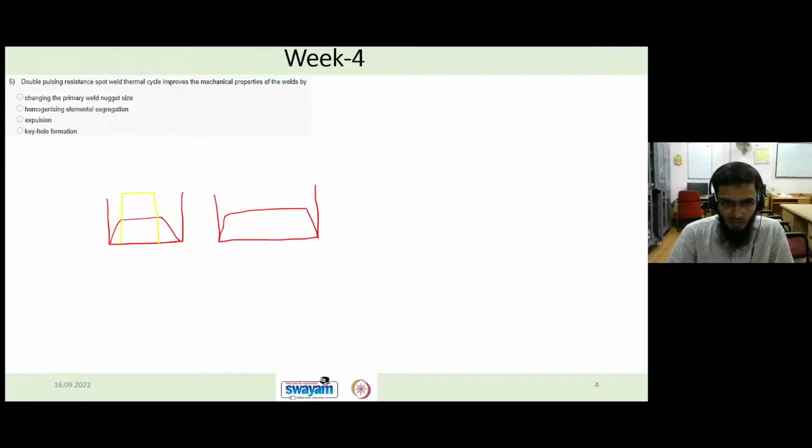The first pulse we can give here like this, and the second pulse can be given in this way. This is what we do in double pulsing resistance spot welding. So you have to tell, if we move from this to this, what will happen to the mechanical property.